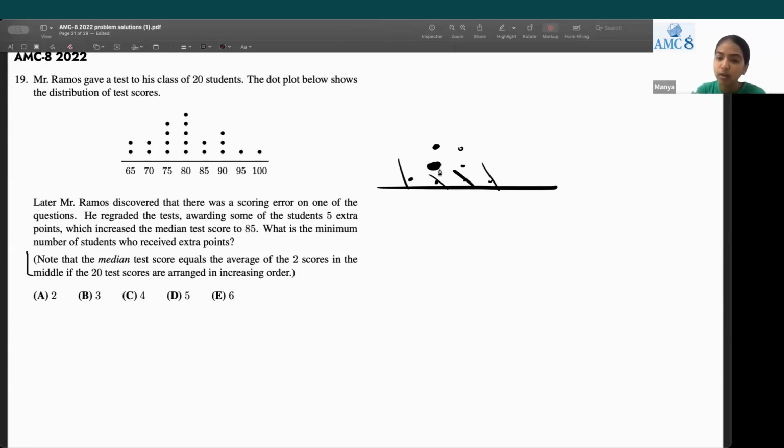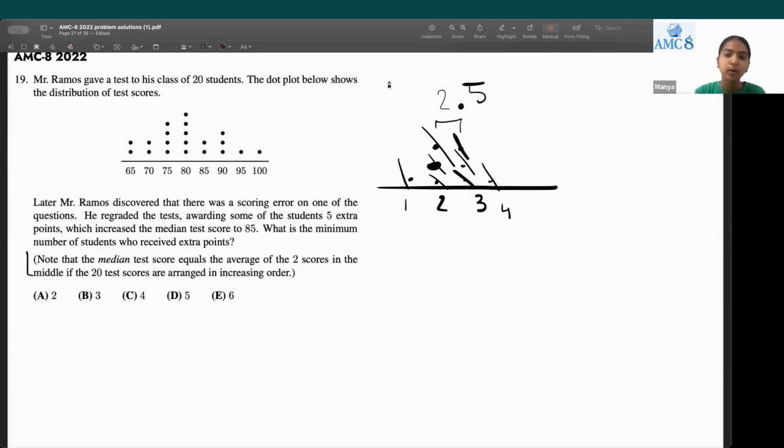So if we cross this out, and cross this out, then we'll be left with nothing. That means the median score must be between these two, which can be 1, 2, 3, 4. So to find the median of this whole dot plot, we would do 2 plus 3 divided by 2, and so the median score would be 2.5.